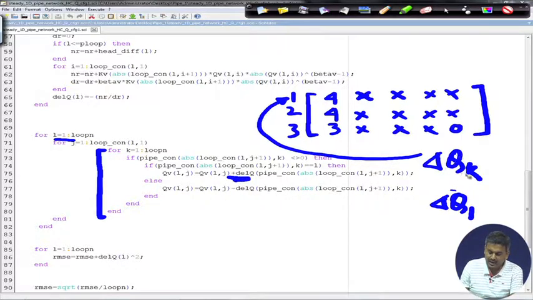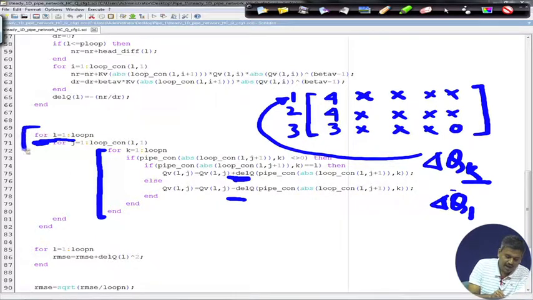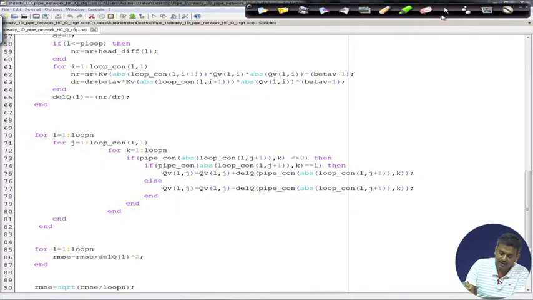Otherwise, if there is no match between k and L, I should subtract this del QL, because I need to update my discharge in different loops. So, after performing this operation, I will get the updated QV values.